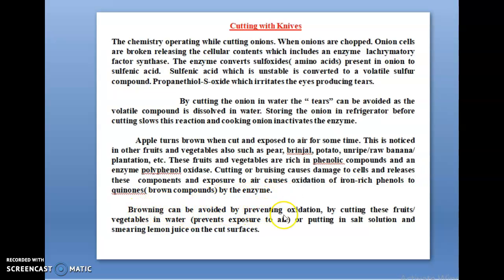Browning can be avoided by preventing oxidation, by cutting these fruits and vegetables in water, preventing exposure to air, or putting them in salt solution and sprinkling lemon juice on the cut surface.